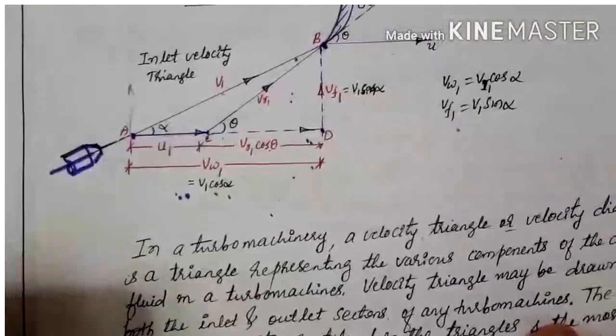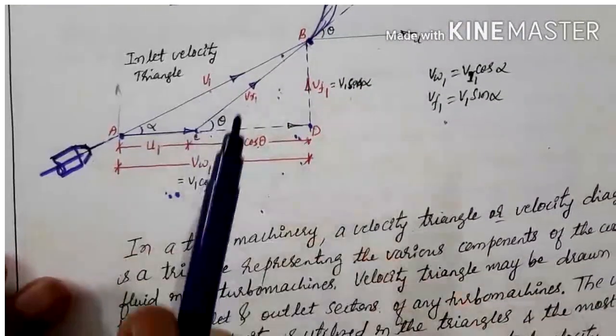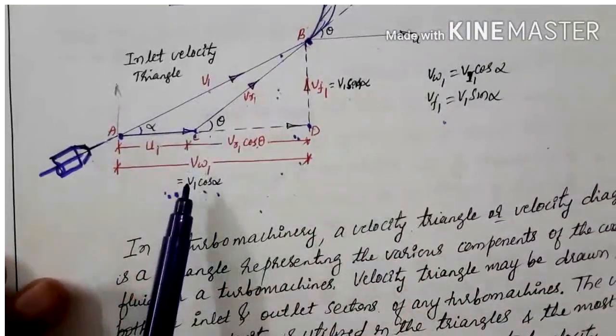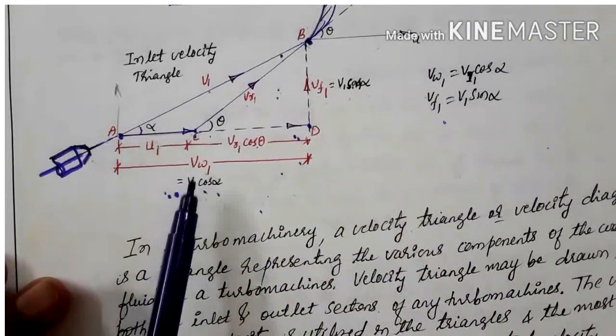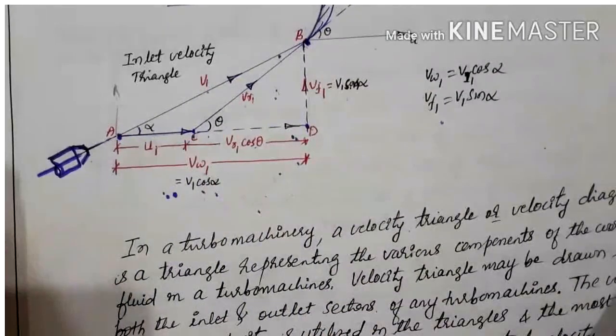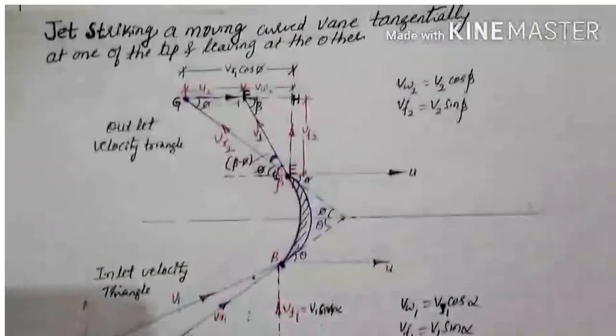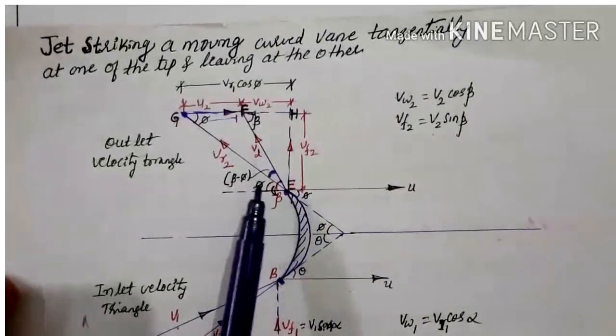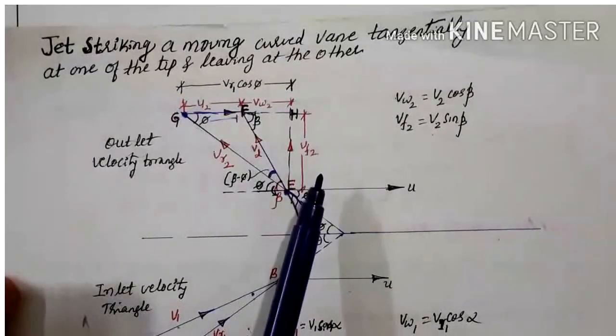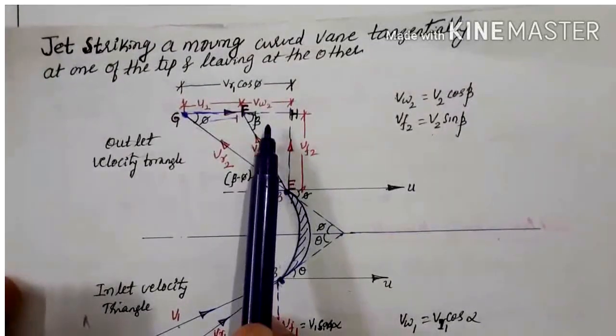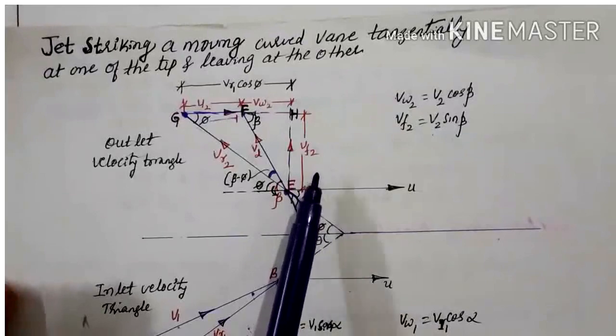Once you resolve the absolute velocity at inlet, you will get Vw1 and Vf1, that is, the velocity of whirl as well as the velocity of flow. Similarly at outlet, you resolve and you will get Vw2 and Vf2, which are called the velocity of whirl at outlet and the velocity of flow at outlet.